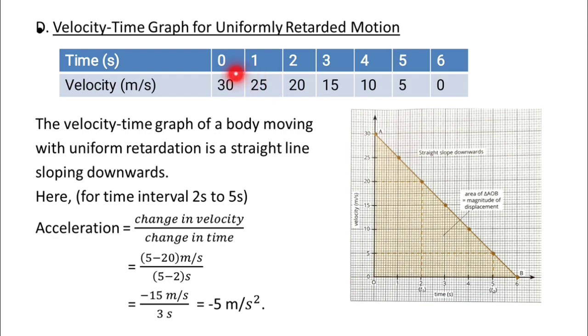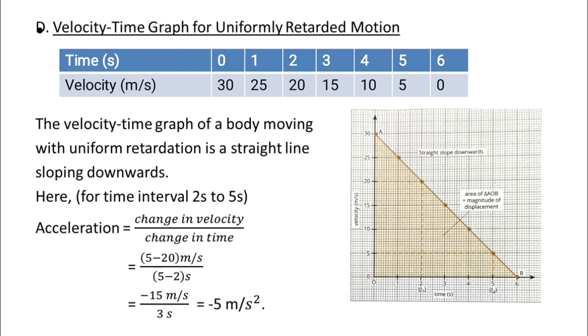It means in 1 second velocity is changed by 25 minus 30, that is minus 5 meters per second. Again from 1 to 2 seconds, velocity changes by 20 minus 25, that is minus 5 meters per second. So we see that every second velocity is decreased by 5 meters per second.